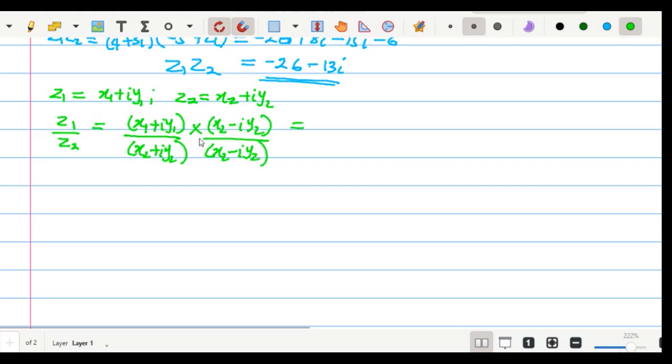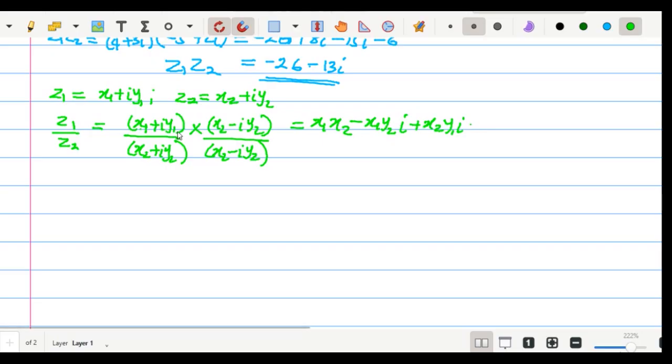So if we take rationalization of the denominator, we're going to have x2 minus iy2 dividing x2 minus iy2. Then we multiply. So if we multiply this and this, we are going to have x1 x2. If we multiply x1 by minus iy2, we are going to have minus x1 y2i. If we multiply iy1 by x2, we are going to have plus x2 y1i.